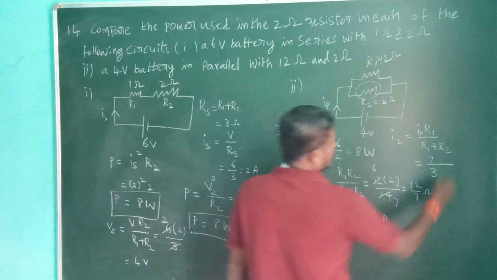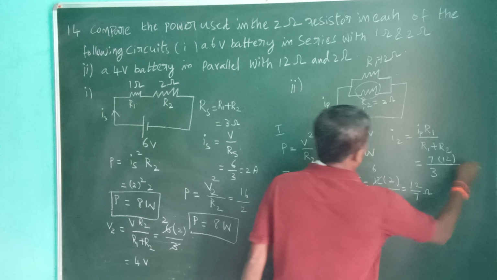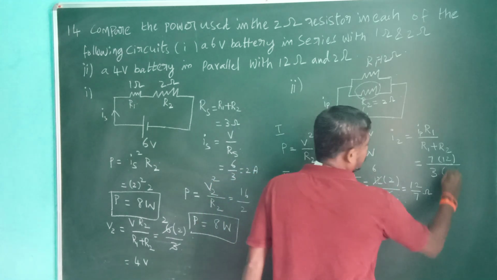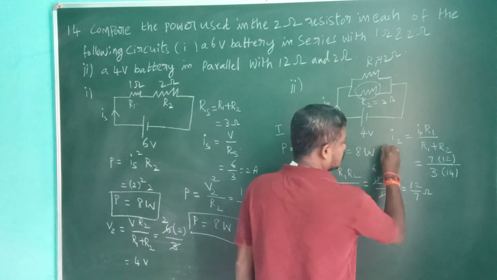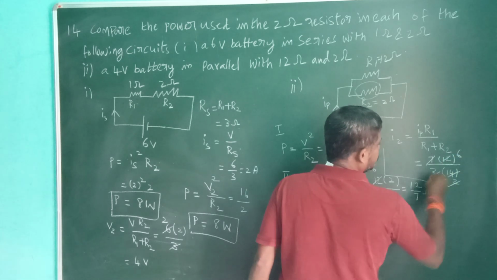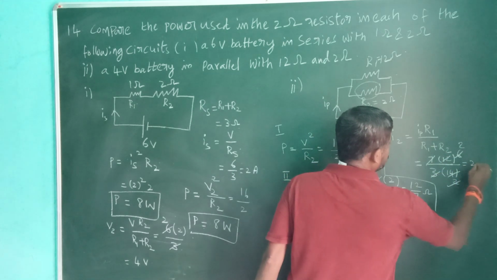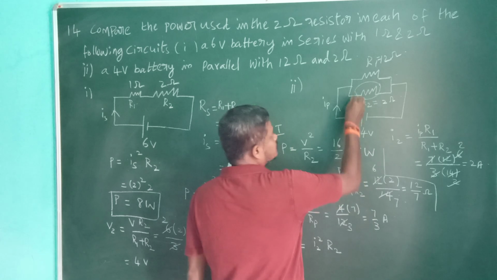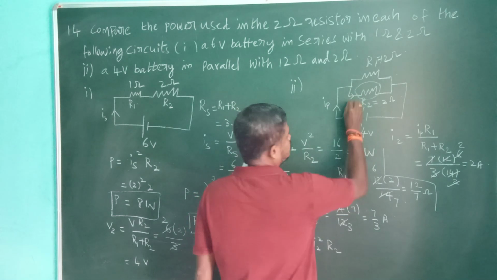R1 is 12, R1 plus R2 is 14. 7 2s are 14, 2 6s are 12, 3 2s are 6, that is 2 ampere. The current passing through this resistor is 2 ampere.